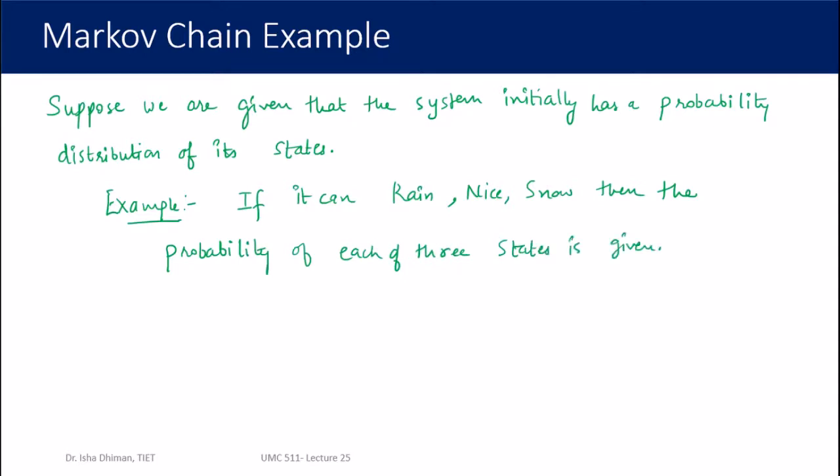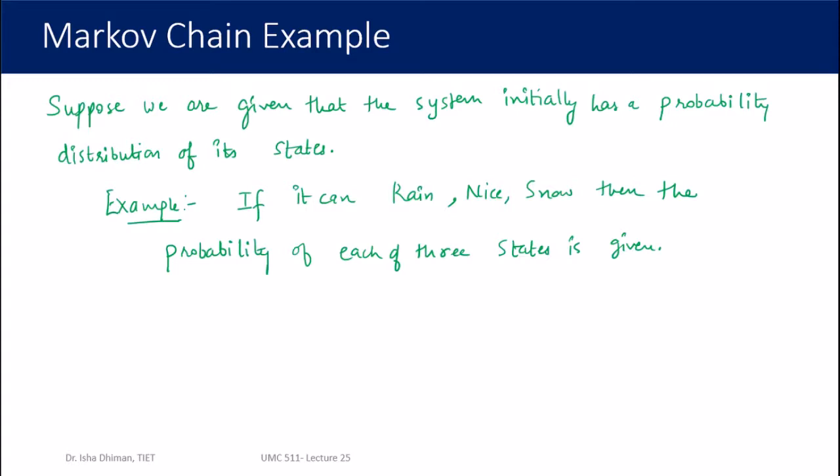Unlike the previous example we just discussed, where the information given was that it is snowy today, telling you the current state with 100% precision, so the probability of being rainy or nice today automatically becomes 0. But this time they do not even tell you the current state. Rather they give you the probabilities of the system being in any of the states today, that means at the current time.